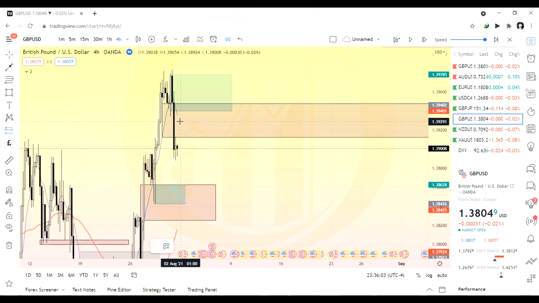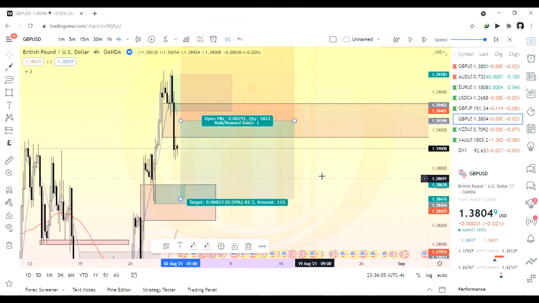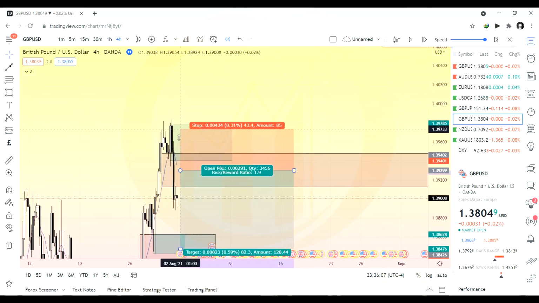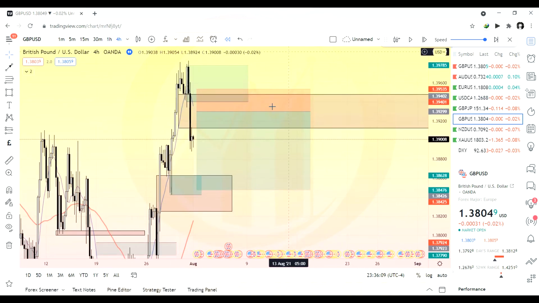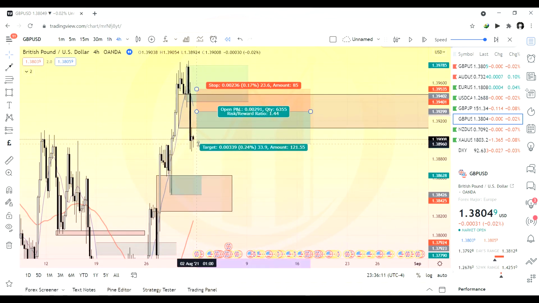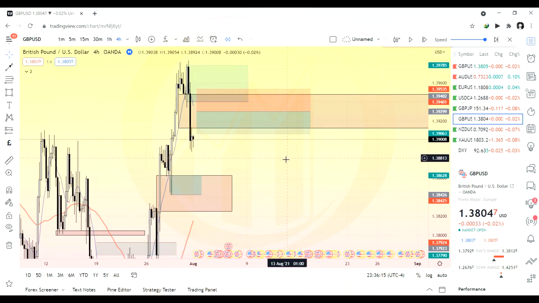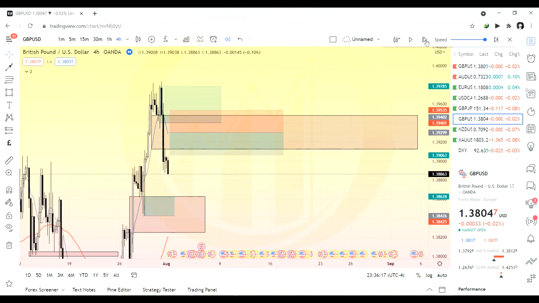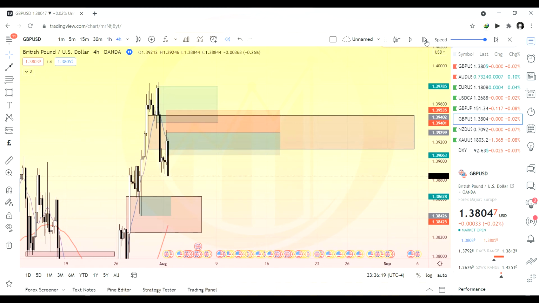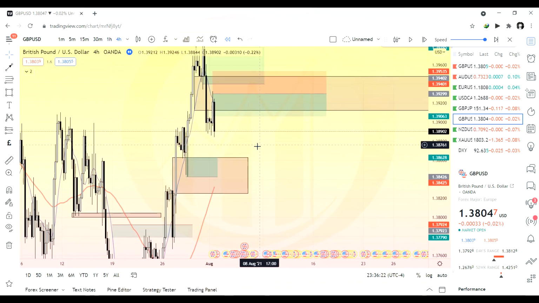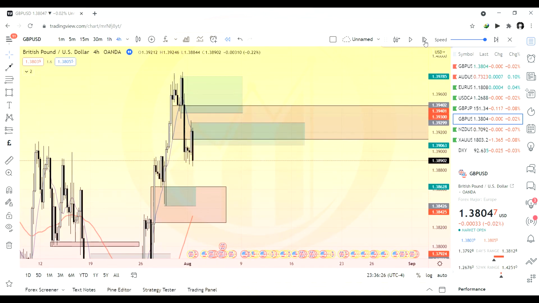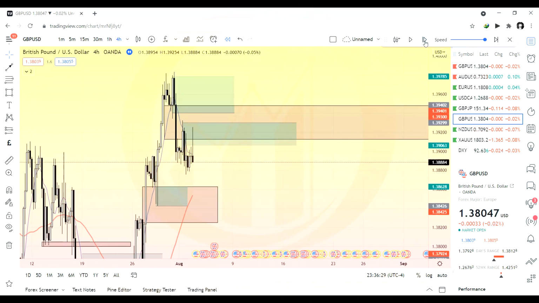Let's get the half of this. Drag our stop loss right above the box, making this a 1-to-1 at least. Let's watch what happens. Got it on the wick. Smacks TP. Let's continue to watch it.